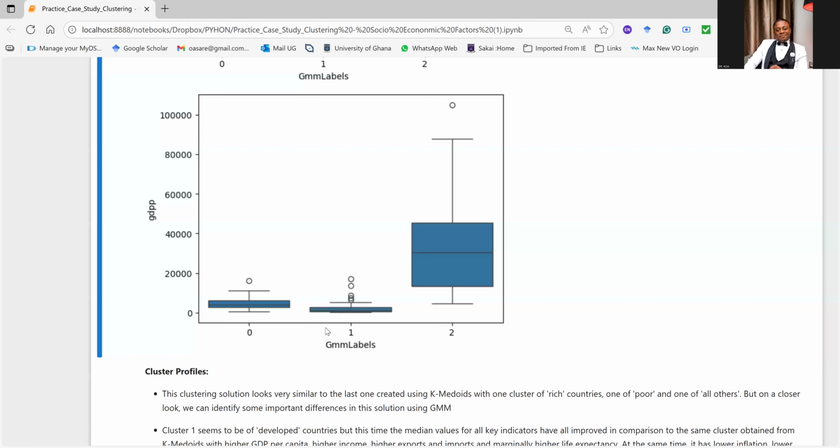So this particular Gaussian mixture algorithm is very similar to the one created using the K-means. With one cluster of poor countries and all of that. In our case, it is closer to the K-means that use the normal distribution or the average principle.